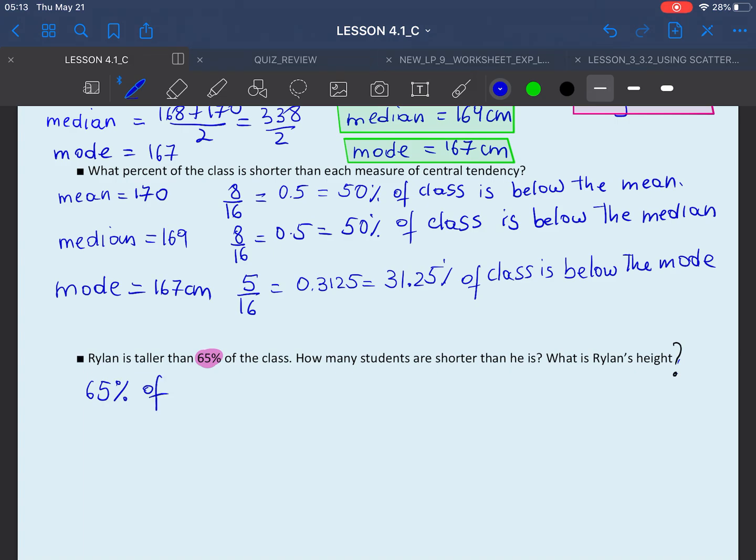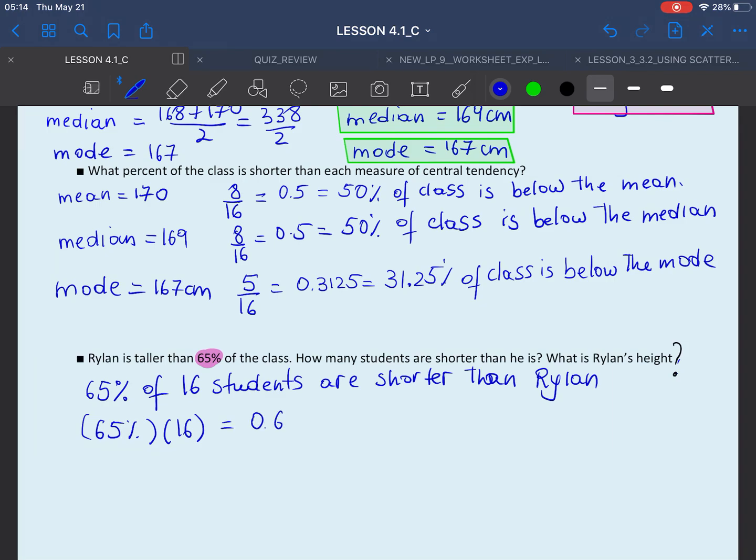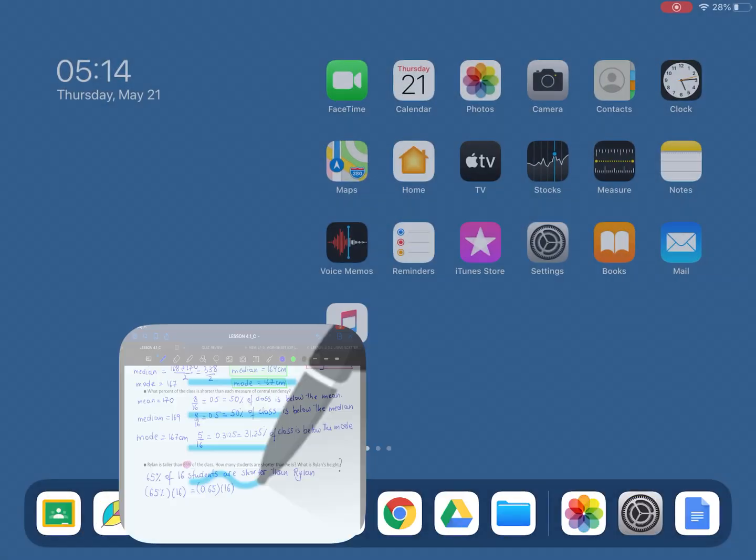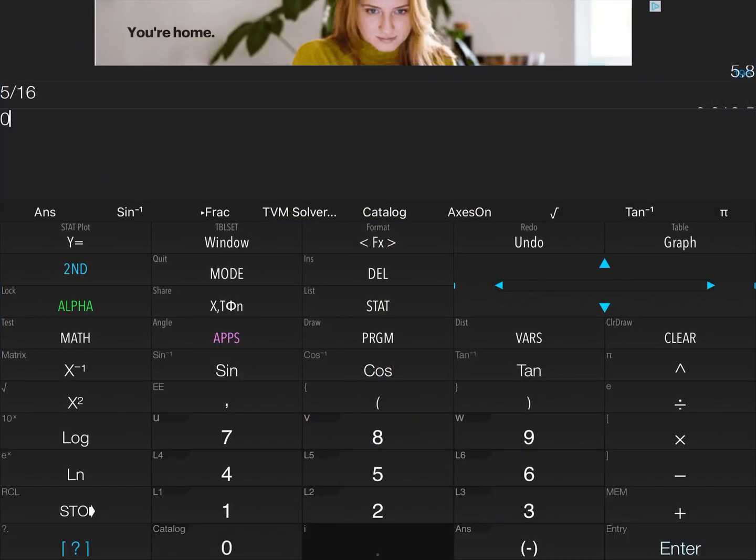So we're gonna say that 65% of 16 students are shorter. So that means we have 65% times 16, or 0.65 times 16.